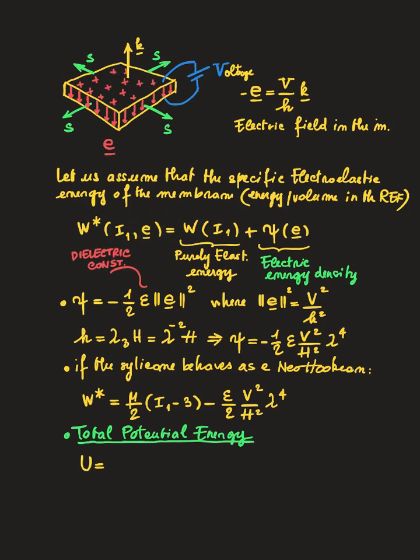Well, this is capital L, and this is capital H. So the volume is L squared times H, and then this multiplies my W star. Yes? And then I have to write minus the work of all the forces acting on the membrane.